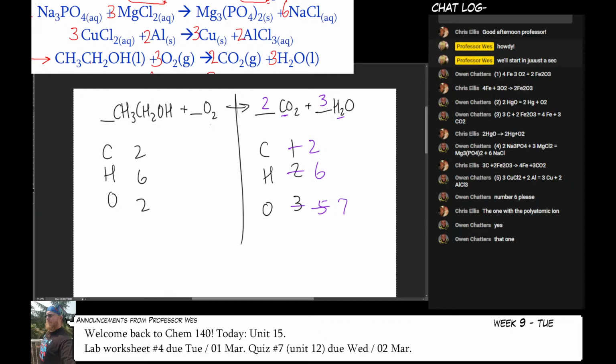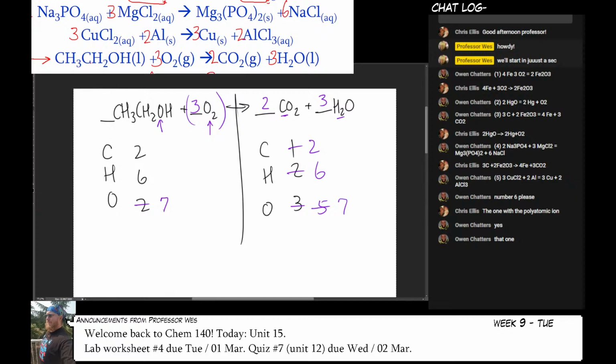So I can't make this number be 7, right? I could do 7 halves, but it turns out I don't have to because I already have 1 here. So this right here just has to be 6 of my oxygen. And if I do this, it is. So then I get 3 times 2 is 6, plus this one is 7, and the equation is balanced. So there's the first one, or the 6th one, I guess.